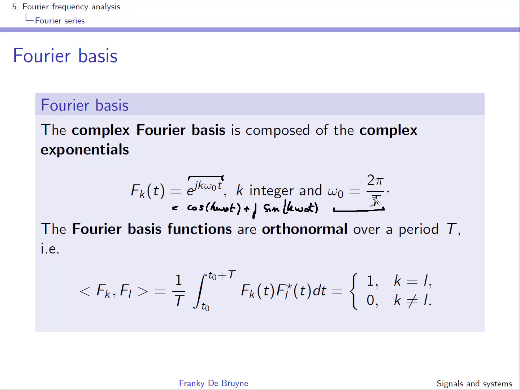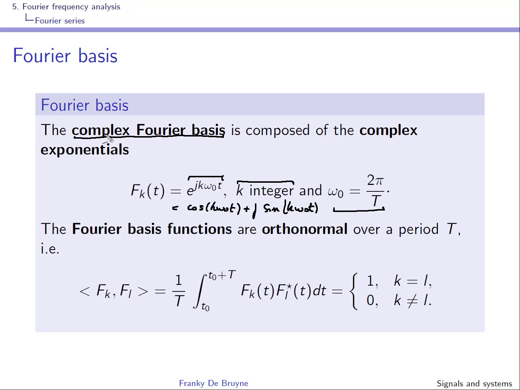It's 2 pi over T, and T will be the period of the signal we are trying to decompose in this complex Fourier basis. Remember, k is an integer: 1, 2, minus 1, minus 2, etc. So there are an infinite number of complex exponential functions in this Fourier basis, right?